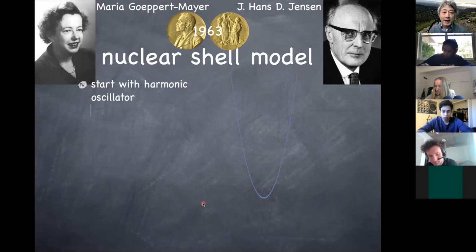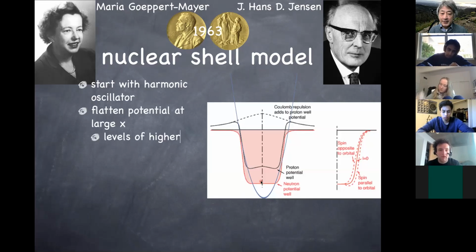So when you actually work out the energy levels, you have to think about the 3-dimensional harmonic oscillator. But then you flatten out the long-range portion of the potential, because we know you can knock protons and neutrons out of a nucleus. So the potential energy cannot keep rising, or you can never escape, but should flatten out so that you can take a proton out of this potential.